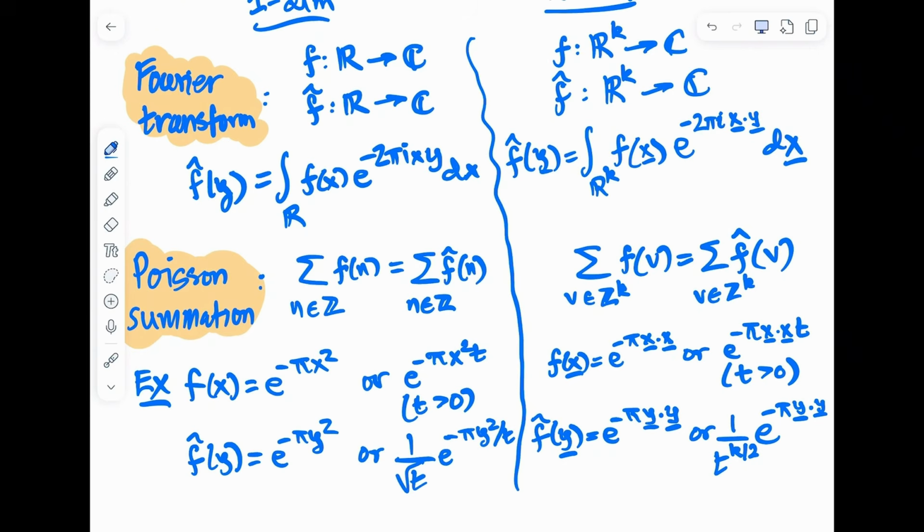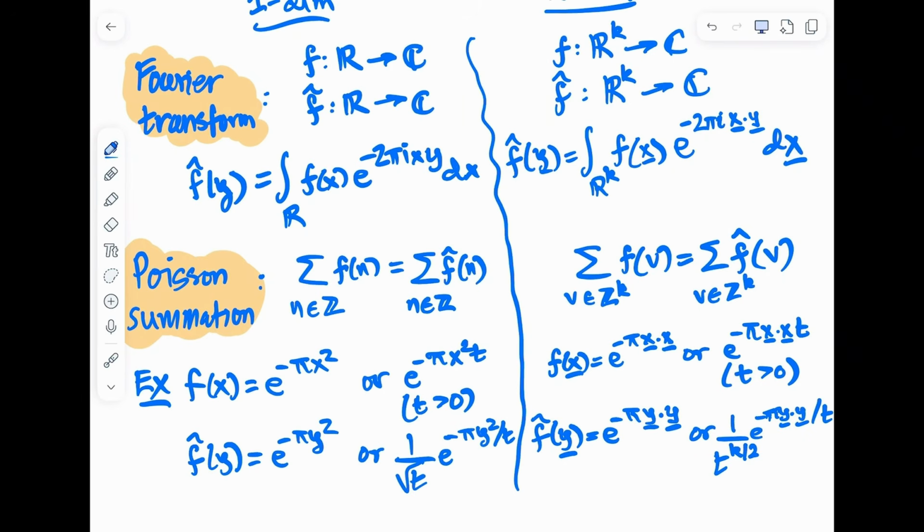I'm running out of space here, so let me make it smaller. Sorry, I lost the pi factor there. So, e to the minus pi y dot y over t. Anyway, it looks the same.